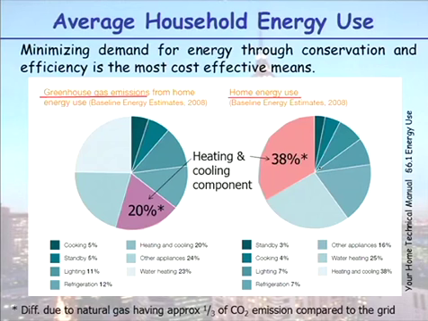Okay, so we want to reduce our household energy use, so we need to be aware of how our household energy use is spread. Over here on the right-hand side, what I've highlighted in this pale, horrible apricot colour is the fact that heating and cooling, on average, make up 38% of our energy use. The other colours aren't in colour, unfortunately.